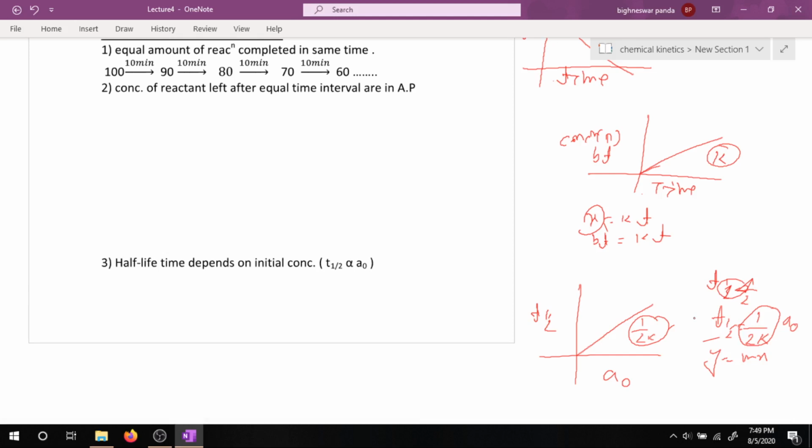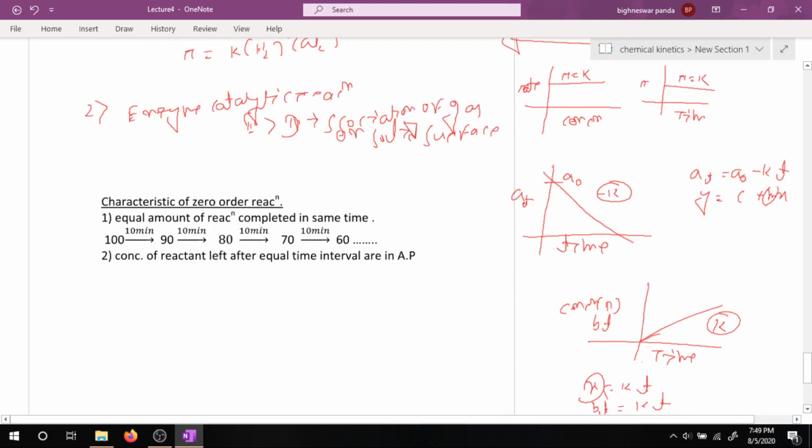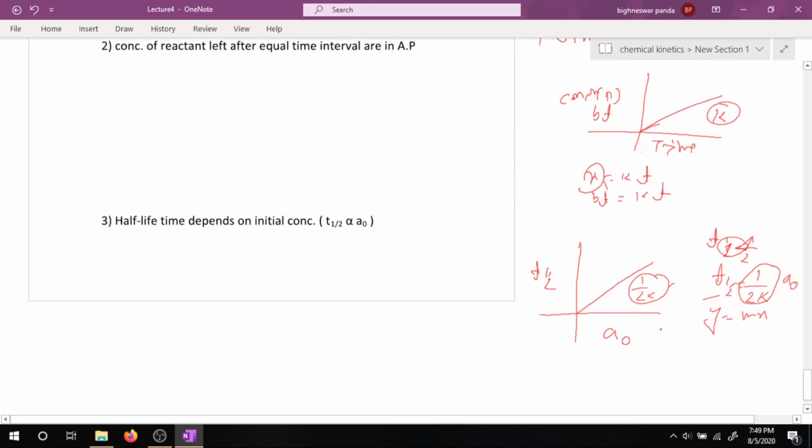So these are the graphs related to zero order reaction. This is rate versus concentration. This is rate versus time. This is concentration of reactant and time. This is concentration of product with respect to time. This is half-life time with respect to A.